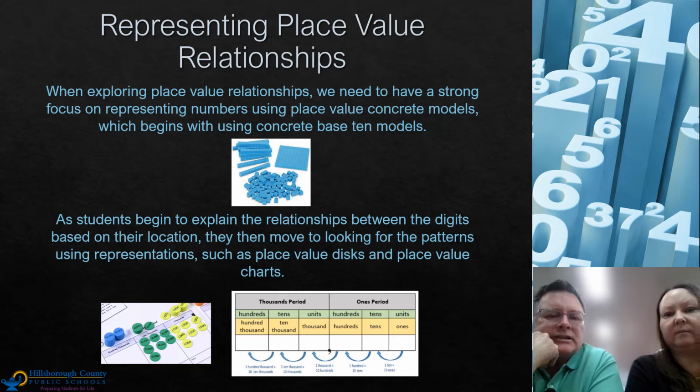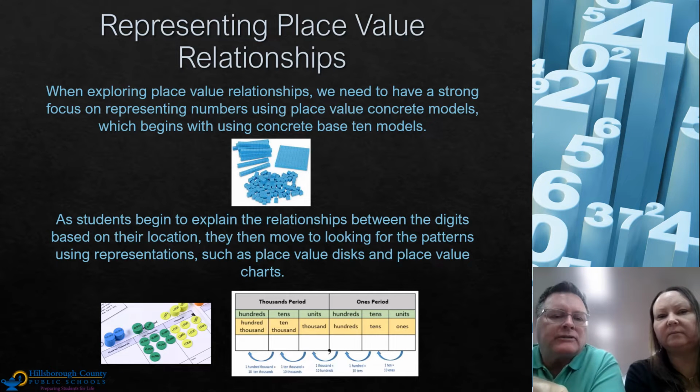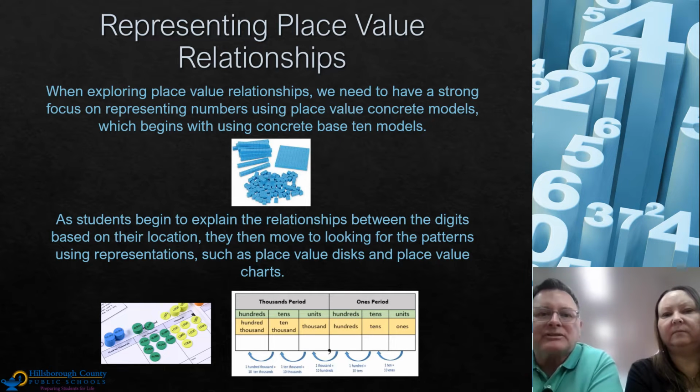Many times I've seen the entry point for building that base 10 understanding of 10 times greater, 10 times less be the place value discs. But really, we need to start with the base 10 blocks, because you can see that comparative reasoning of 10 times greater, 10 times less, and then move to the place value disc. Exactly, Daryl. And that means that we need to start with numbers less than 1,000 to do that representation, and then we can extend it with the larger amounts when we get into the place value disc and place value chart.